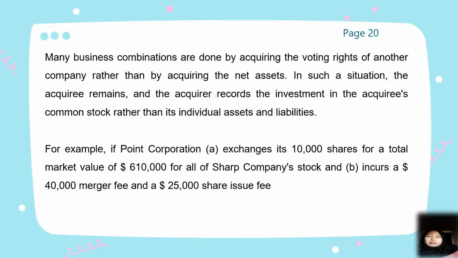For example, if Point Corporation exchanges its 10,000 shares with a total market value of $910,000 for all of Sharp Company stock, and incurs a $40,000 merger fee and a $25,000 share issue fee, then the acquisition expense, deferred stock issue cost, and cash are recorded.